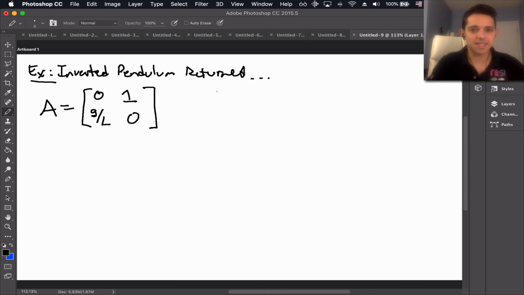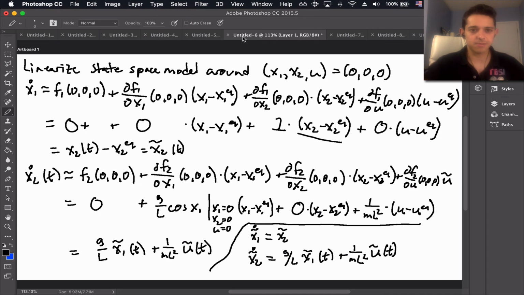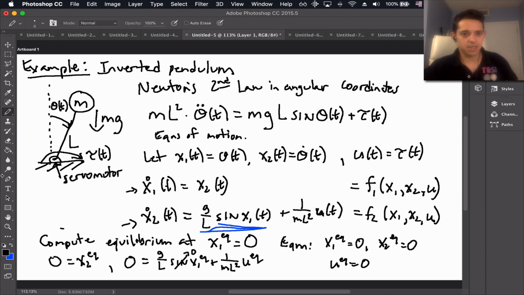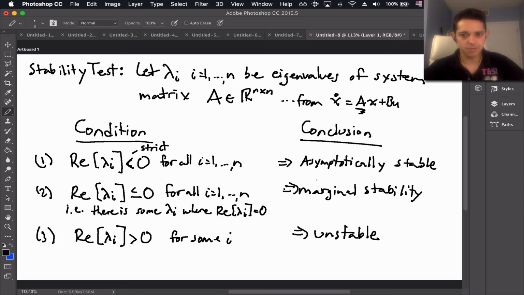Now I want to ask the following question. We imagine that this inverted pendulum is in the upright position, that is theta equals 0. What I would like to know is, when the inverted pendulum is in the upright position, is it asymptotically stable? Is it marginally stable?